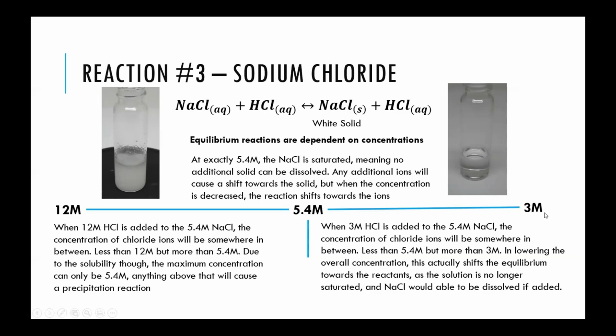The chloride concentration was lowered, thereby removing some of the chloride from the system and shifting it towards the ions themselves. At this point, you can add more solid sodium chloride and it would dissolve back into its ions because it is no longer a concentration of 5.4. It's between 5.4 and 3.